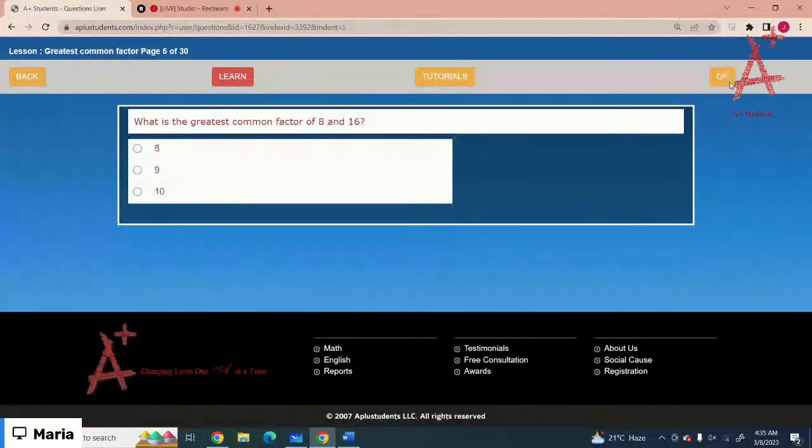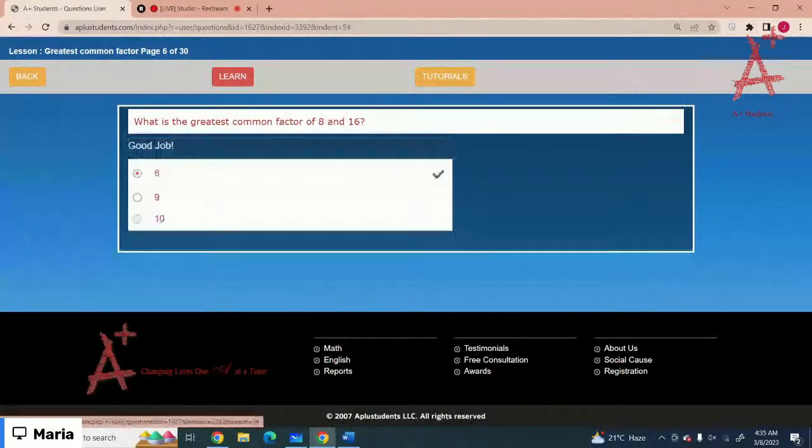What is the greatest common factor of 8 and 16? Yes, that is 8. 8 is a number that can divide both 8 and 16. So 8 is the GCF of 8 and 16. Got it?